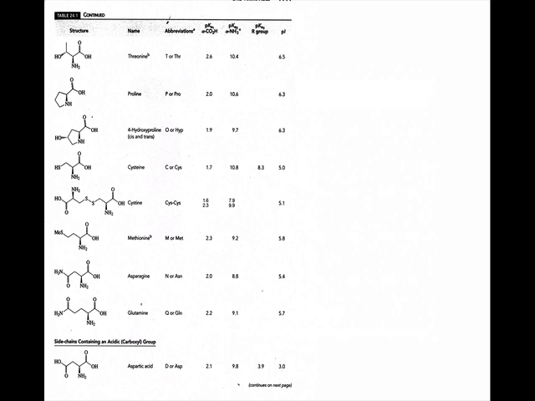You always average the two most similar pKa values when you have more than one. Okay? So you looked at the two acidic groups, you took the average of those, and you come up with 3. So if the pH is equal to 3 of that medium on that isoelectric strip, it won't move. But if I change the pH one way or the other, then it will start to move in that electric field. Okay?